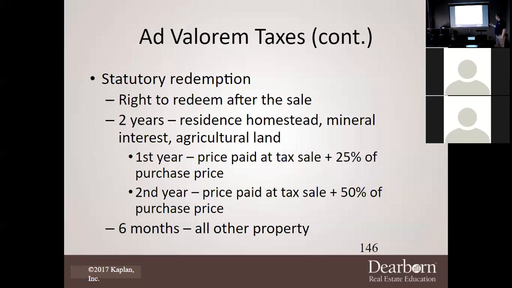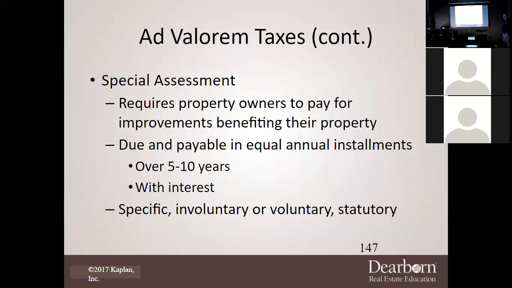Well, the price paid at the tax sale plus 25% of the purchase price, that's $25,000, and at the 2 years at 50%, that's $50,000, but you still have to add on the price paid at the tax sale. Now again, there's a right of redemption of 6 months for all other property, but again, the chances of somebody redeeming their property are pretty slim. Pretty slim. Unless they hit the lottery, or they go to the Bank of Linda and get some money.